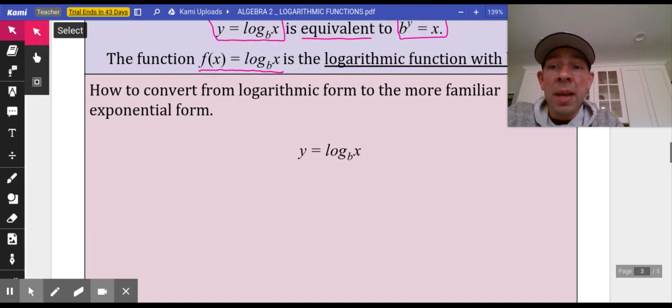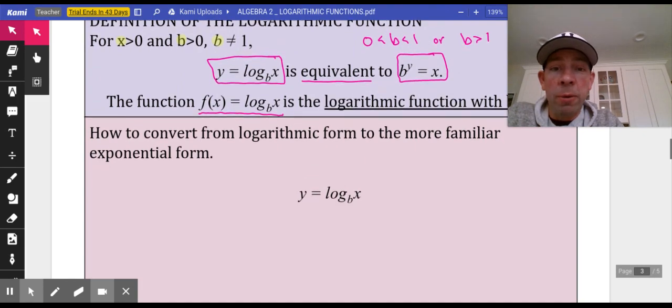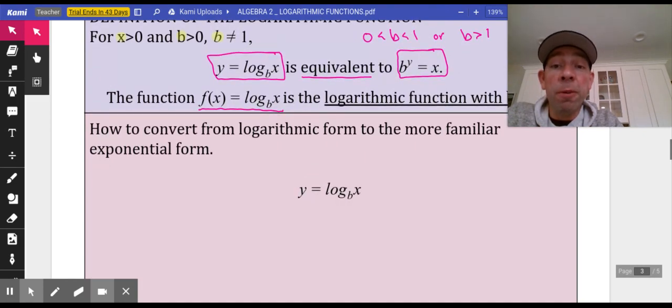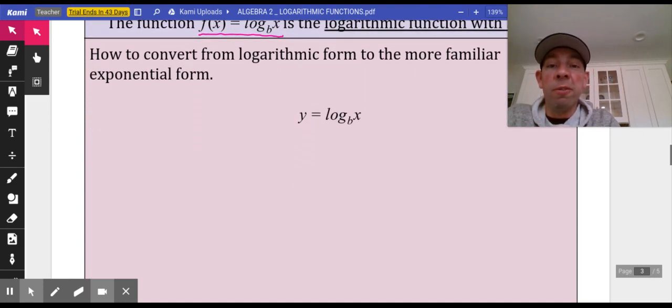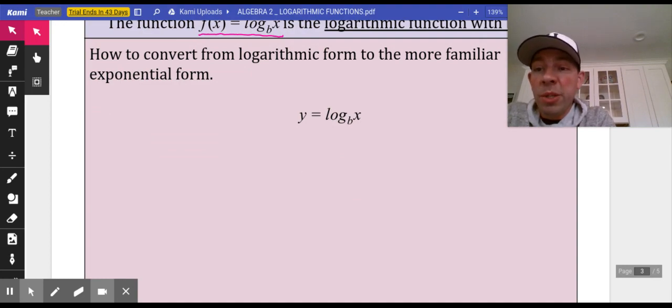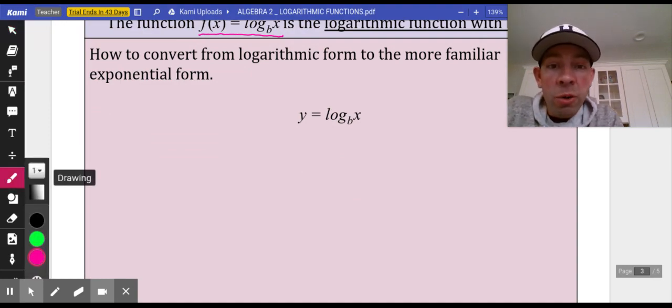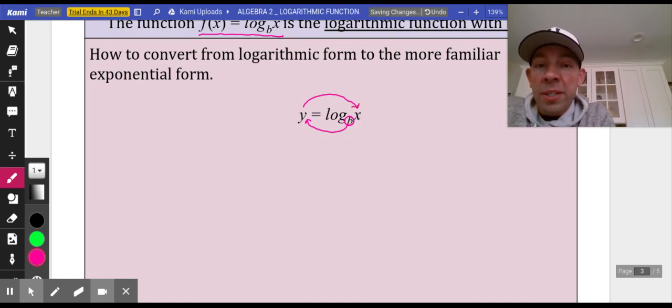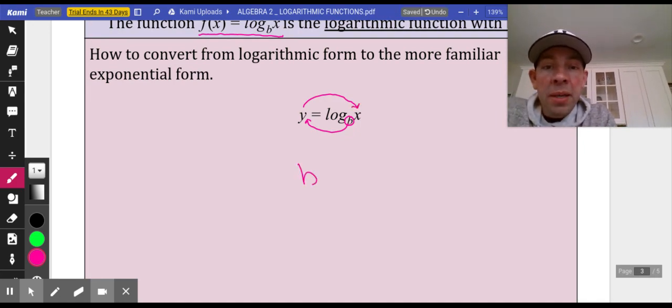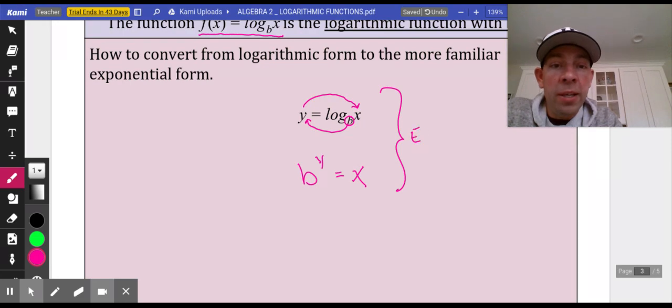So first of all, how do we convert from logarithmic form to the more familiar, more comfortable exponential form? And this is where we use a technique called around the world. So I start with my base, and it is going to be raised to the y power, and that's going to be equal to x. So we could say b raised to the y equals x, and these two equations are equivalent.